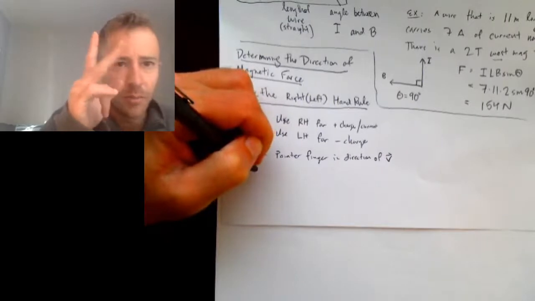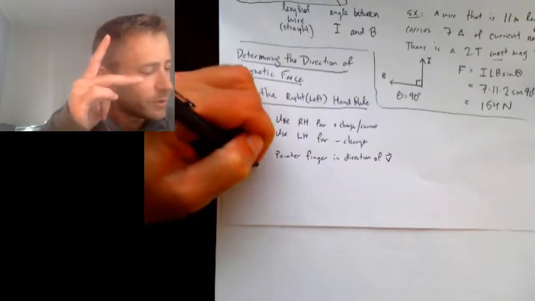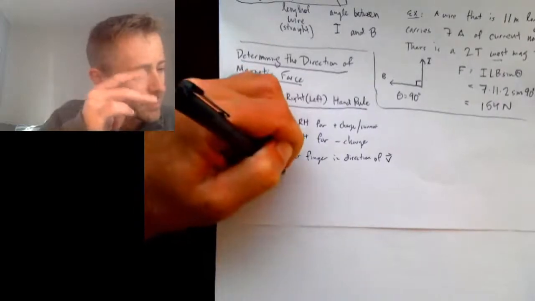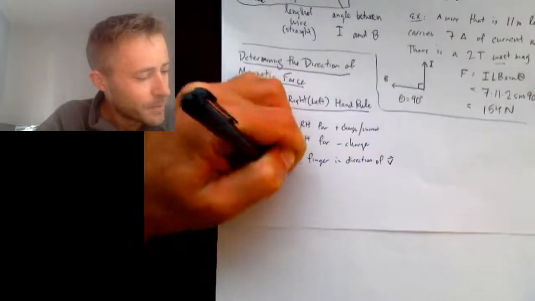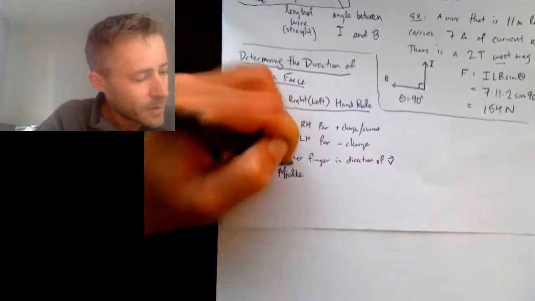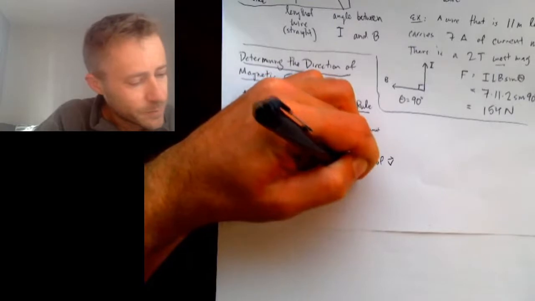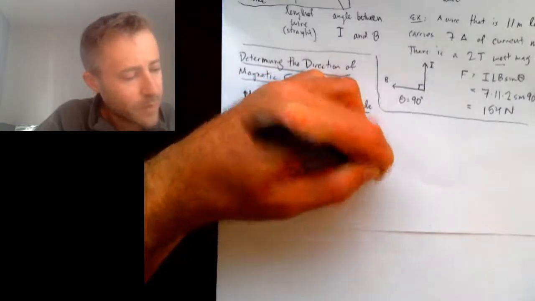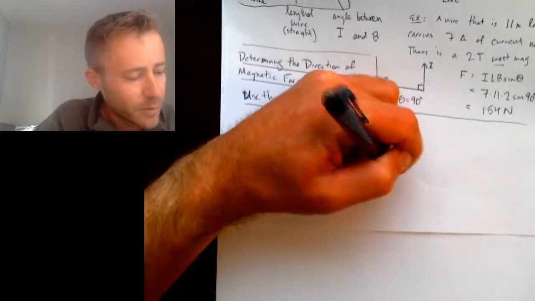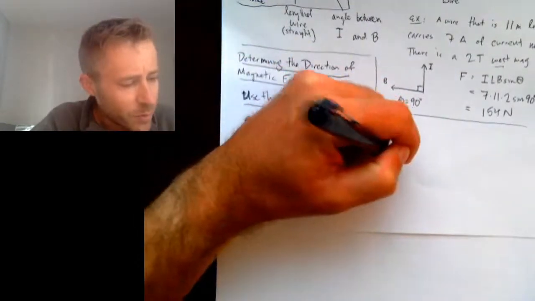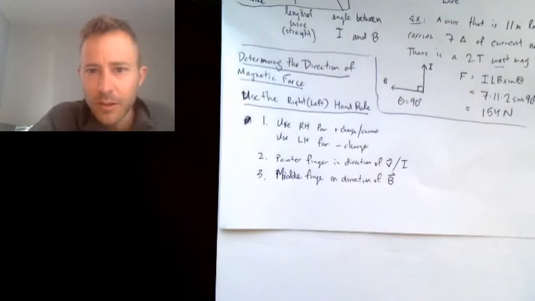And then your middle finger does something different. Your middle finger is going to be in the direction of the magnetic field. By the way, I should say the pointer finger is in the direction of the velocity or the current. I should have said that.